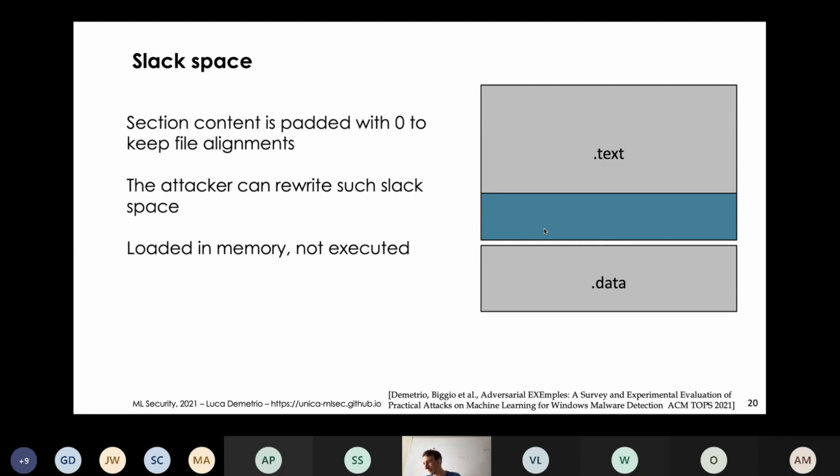This content is not used. So if you're the developer, you don't know that this thing is here, so you don't use it. And then as an attacker, I can fill content inside it, if it's present or not. Again, this thing is loaded in memory, so you might also think about something fancy to do with that.